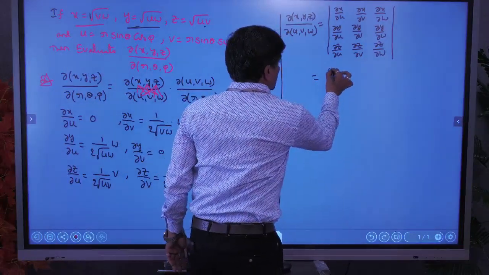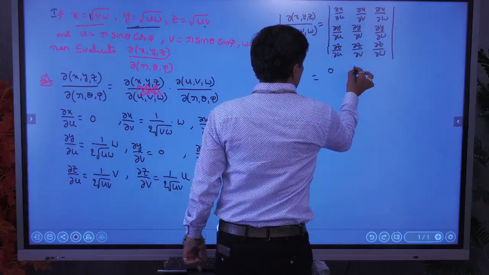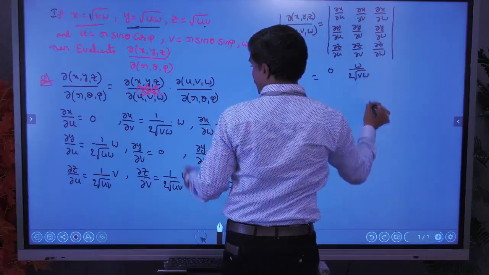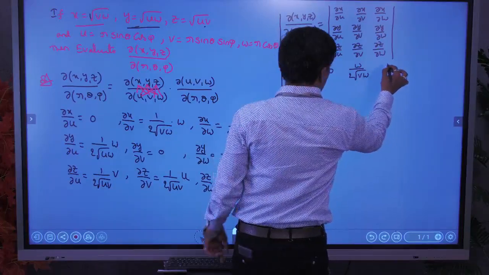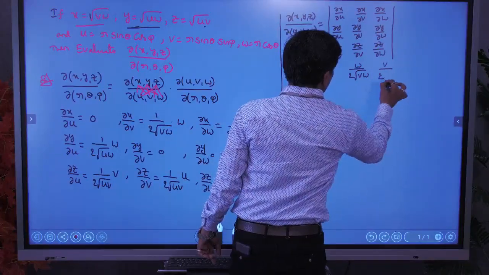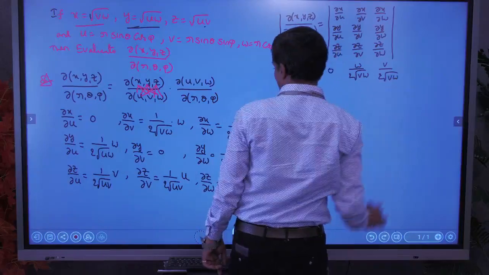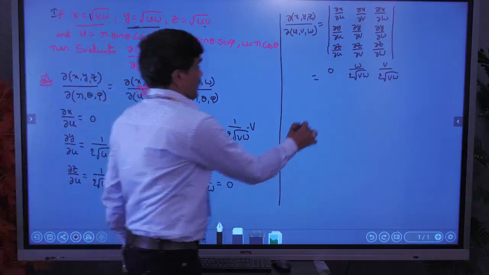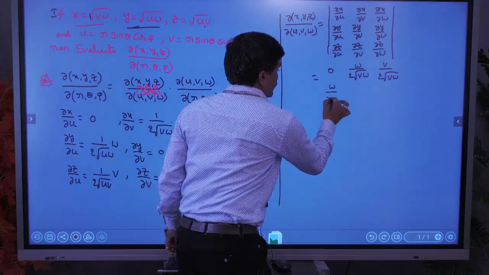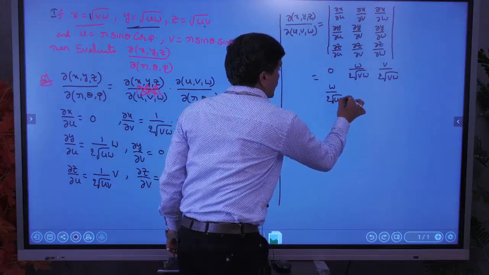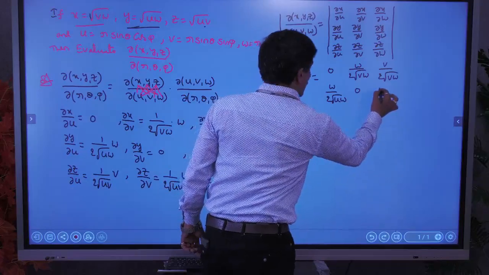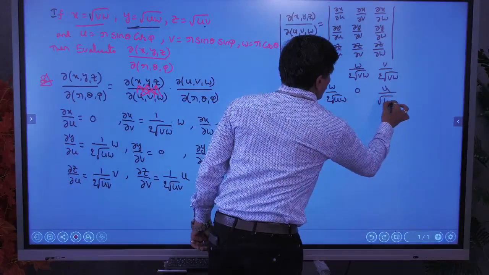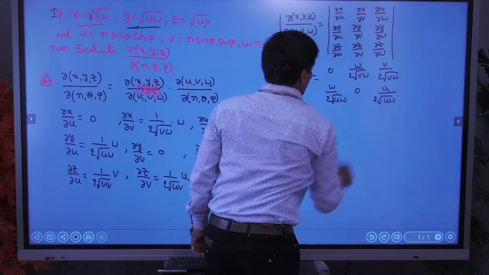So here first, 0, ∂x/∂w is v by 2√(vw). Next, w by 2√(uw), 0, and ∂u by 2√(uw).